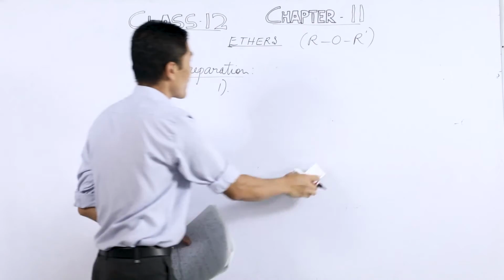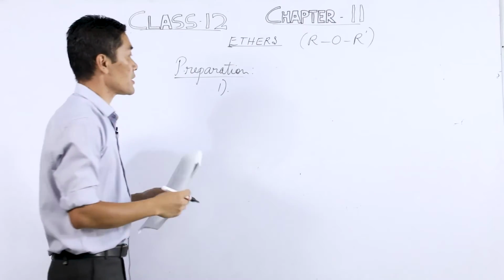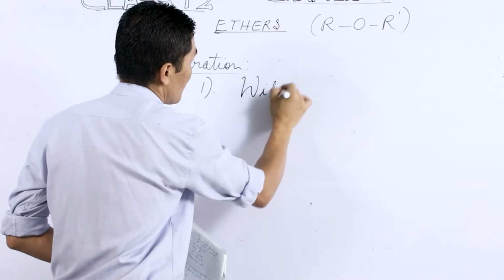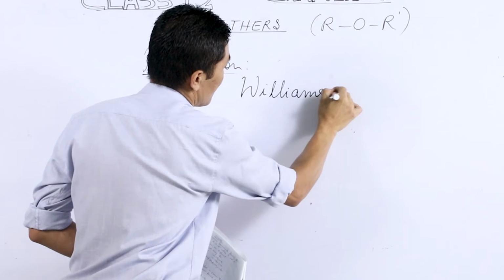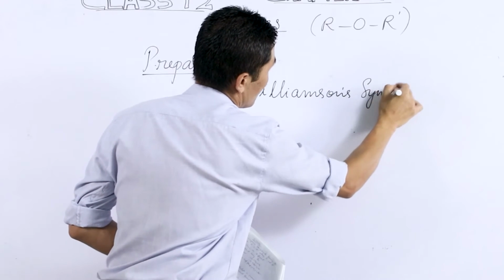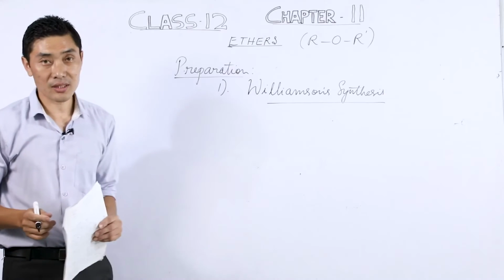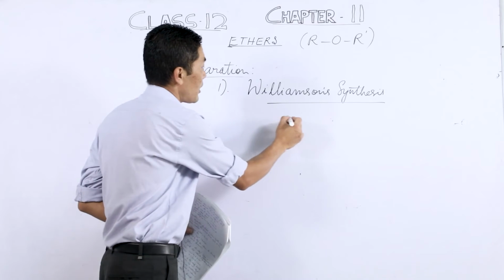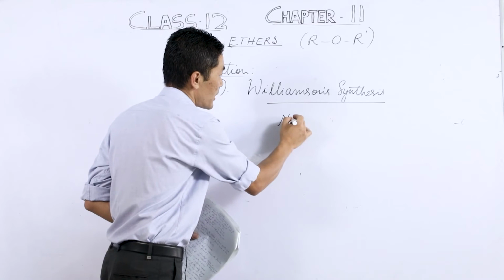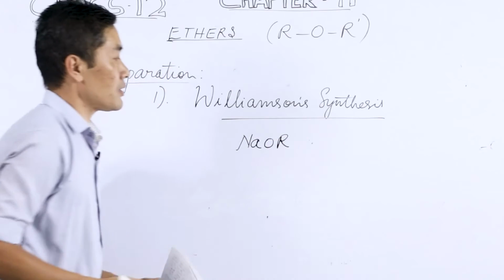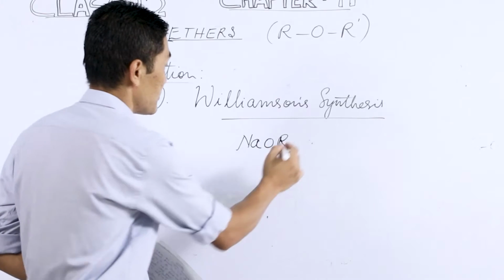The second method that we can use for preparation of these ethers is the Williamson synthesis method. Now, in this method, a sodium alkoxide is treated with an alkyl halide.